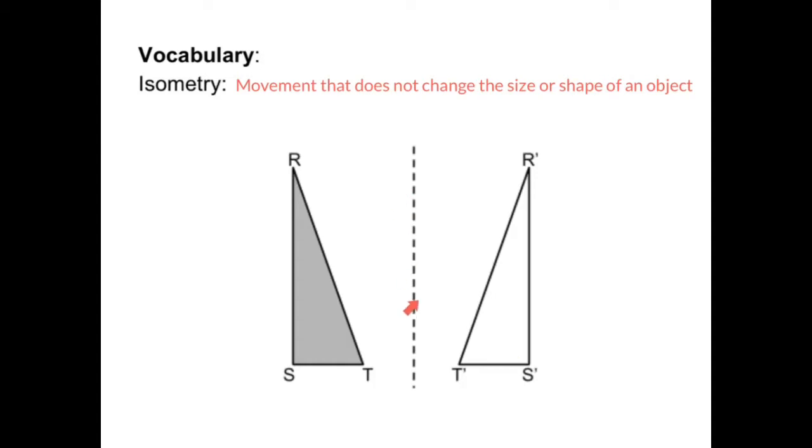So this dashed line acts as a line of symmetry. It's actually more of a reflection line. Think of an image in a pool. This was flipped over to this one. It's called a reflection. A reflection is an example of isometry where there's a reflection line, and something gets flipped over it.